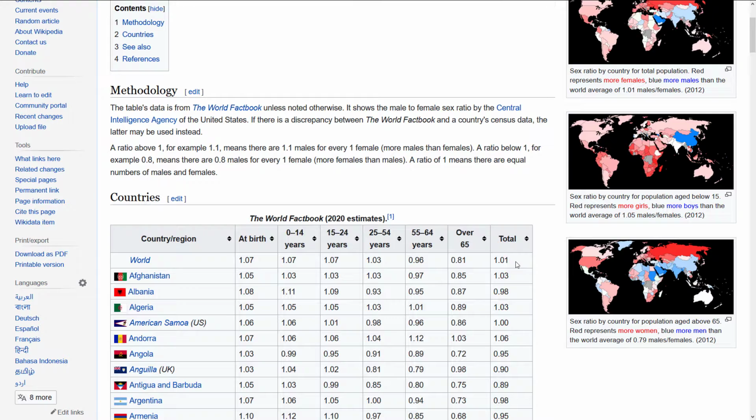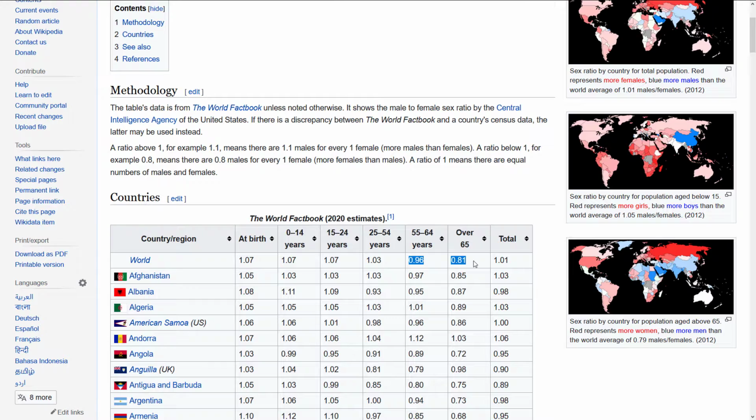The reason why the total is close to 1.01 is because as people age, the percentage of female actually becomes more, especially towards the end. Reason? Because female just have a longer lifespan than male.